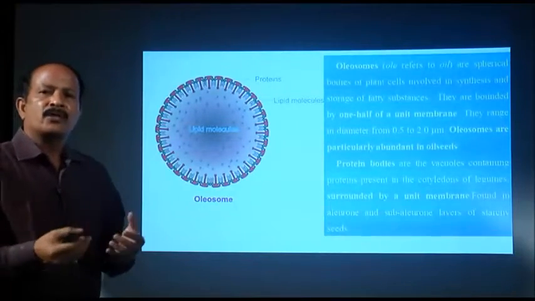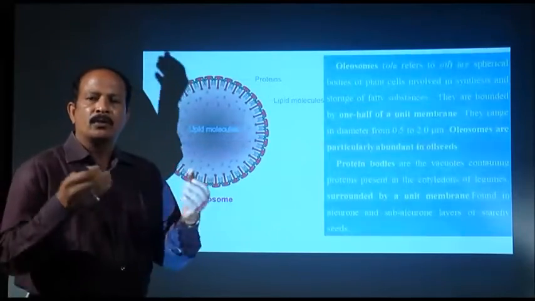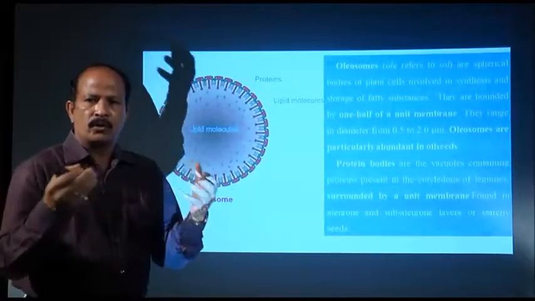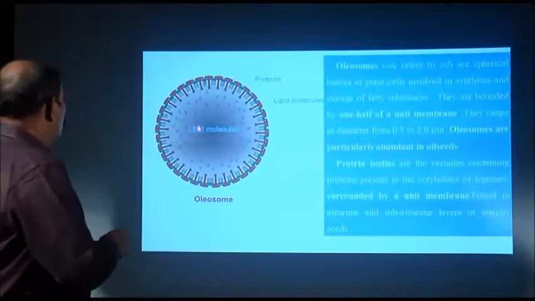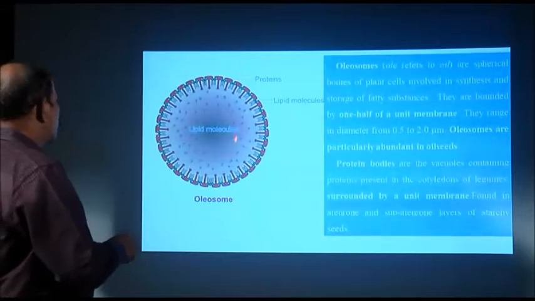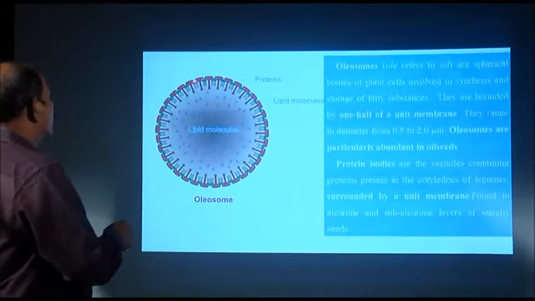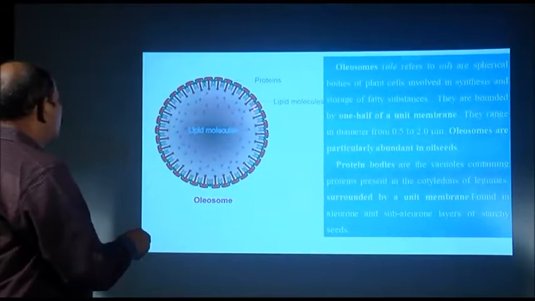where the lipids are stored in the oil seeds, specifically groundnut, mustard and others. Where the oils are stored, these lipids are hydrophobic and the membrane is half a unit membrane.